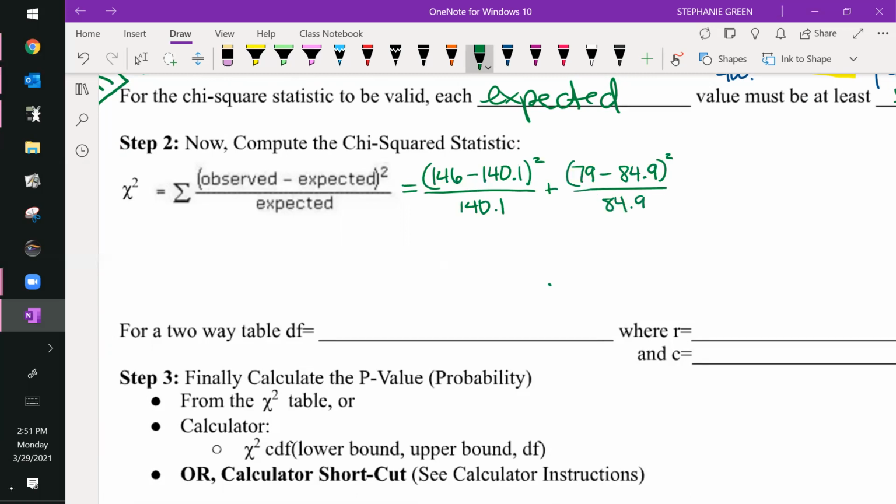And then we have female Democrats. We observed 103. We expected 108.9. And lastly, we have female Republicans. We observed 72. We expect 66.1.